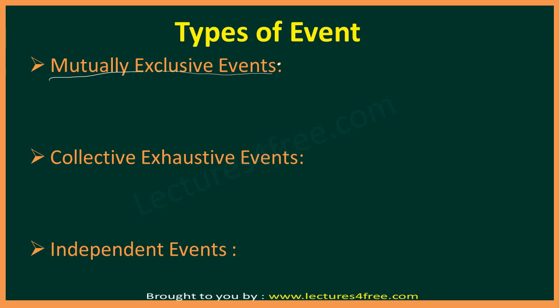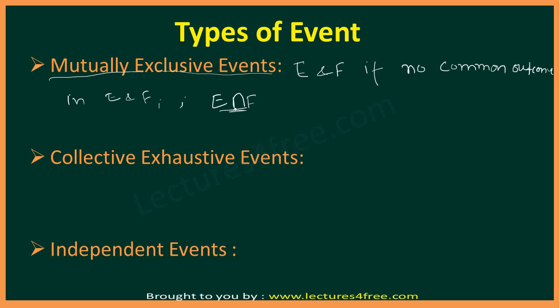Any two events E and F are said to be mutually exclusive if there is no common outcome in E and F. It means we can write it as E intersection F. This represents the intersection sign, meaning the common outcomes in E and F. So we can write E intersection F is equal to phi.